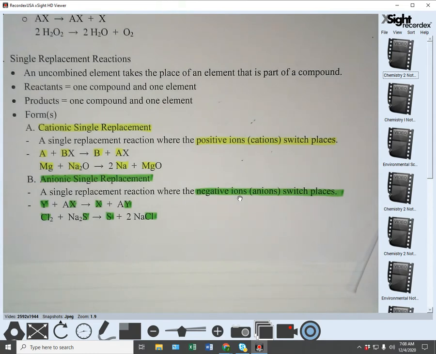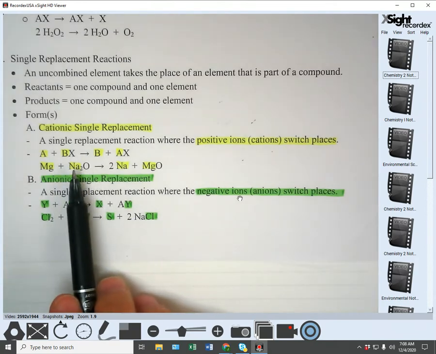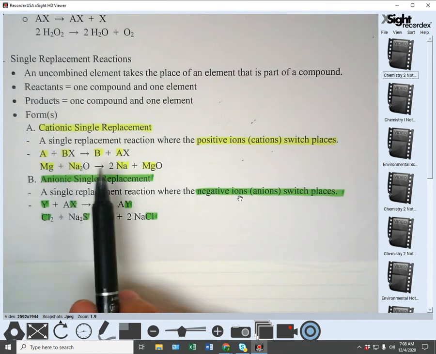The analogy I use for this is sort of like dancing. Say you have a guy and a girl dancing. That would be like the compound, because the compound has to have a positive and a negative, right? So you have a guy and a girl dancing.